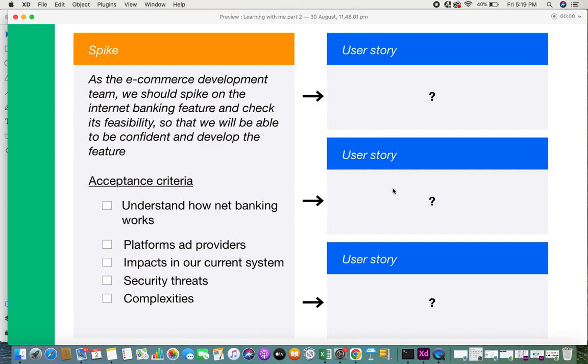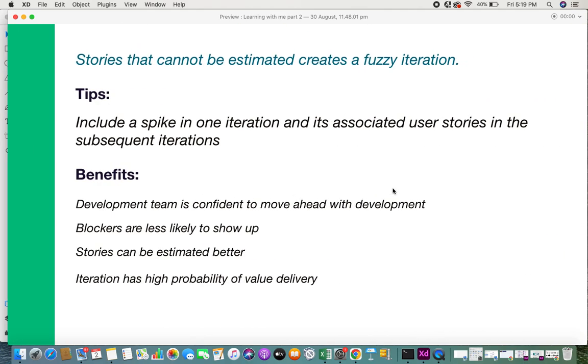And sometimes this creates a fuzzy iteration, because you don't know whether this iteration is going to be successful or not. You don't know whether the spike is going to be feasible. And if it's not feasible, then all the user stories are blocked. You cannot deliver value. So the entire iteration becomes very fuzzy and uncertain.